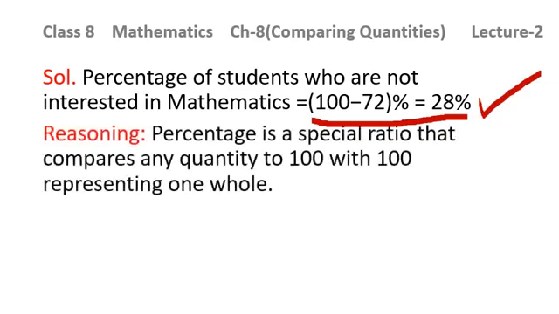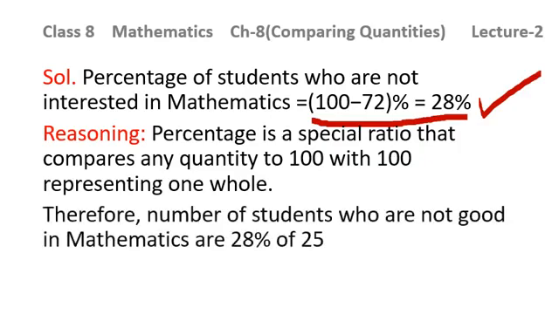Because percentage is a special ratio that compares any quantity to 100, with 100 representing one whole. Because 100 represents the whole, out of that 72% were interested in mathematics. So I have calculated the percentage of the students who are not interested in mathematics, that will be 28%. Therefore, the number of students who are not good in mathematics is 28% of 25.